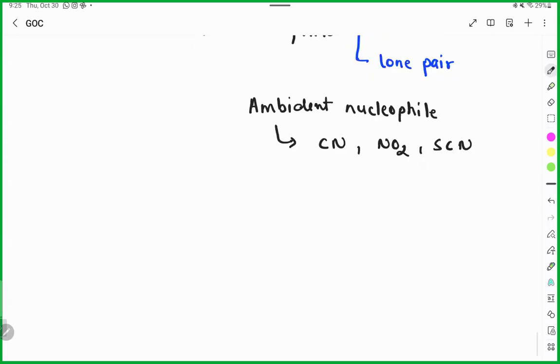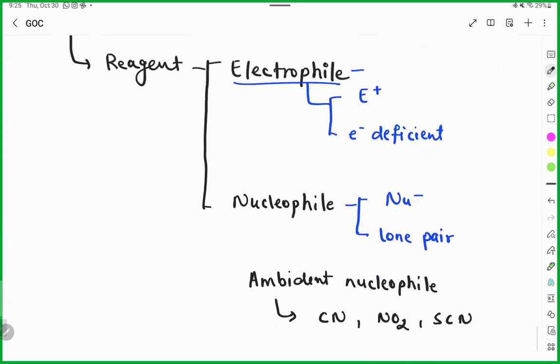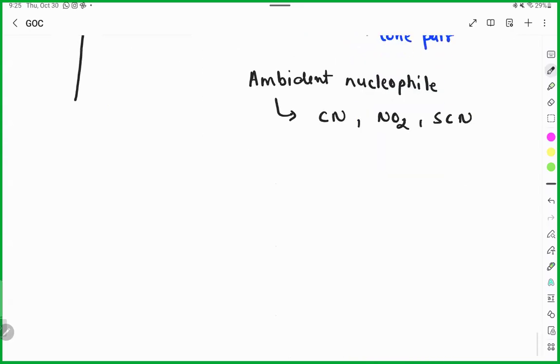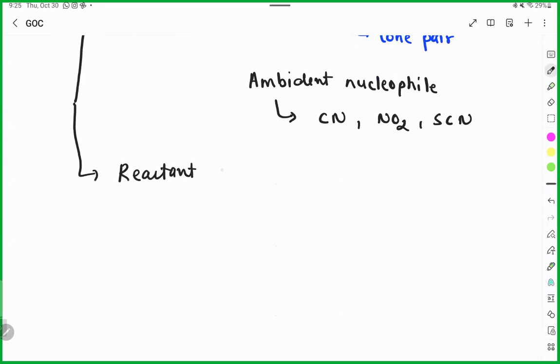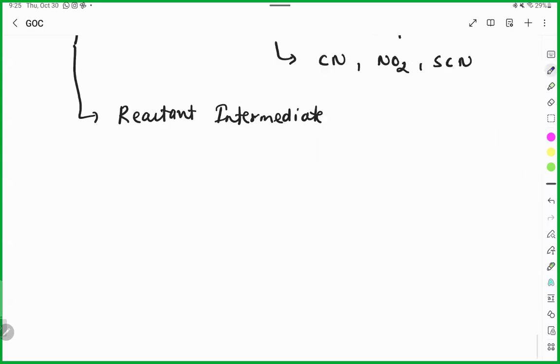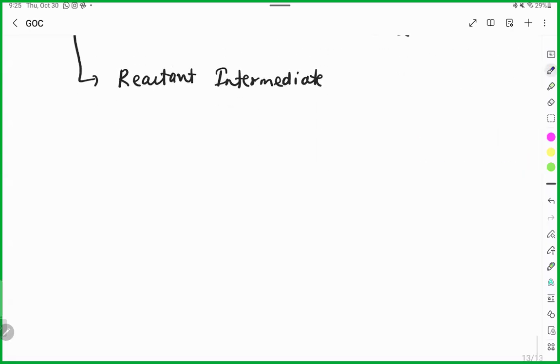Then next topic is intermediate. We have different types of reaction intermediate. Chandana, what is reaction intermediate? It forms in the middle of the reaction.